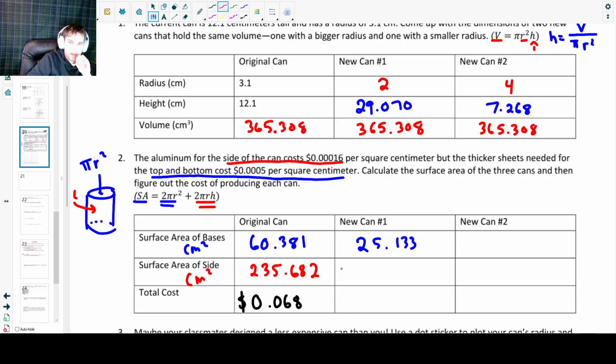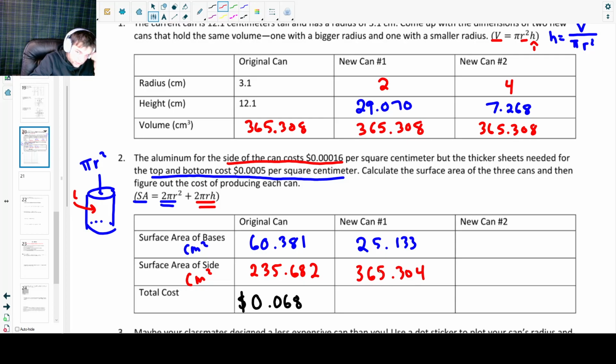And then for the lateral surface area, I'm going to change that as well. I have to change that with 2 pi times 2 times 29.070. And we get a bigger lateral surface area now. This is 365.304.